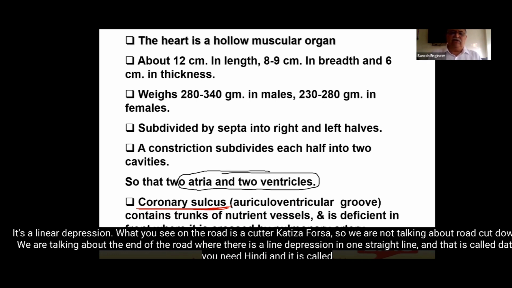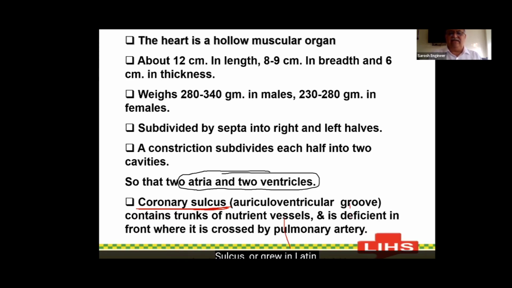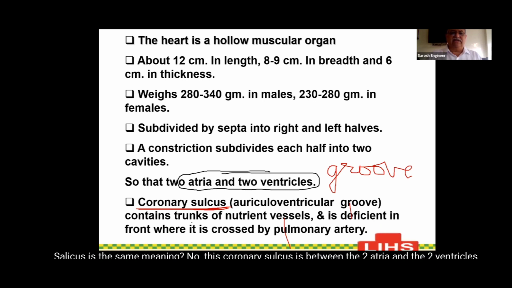What you see on the road is a khadda, and a khadda is a fossa. So we are not talking about the khadda on the road. We are talking about the end of the road where there is a linear depression in one straight line, and that is called gutter in Hindi, and it is called sulcus or groove in Latin. So both words mean the same, groove or sulcus.